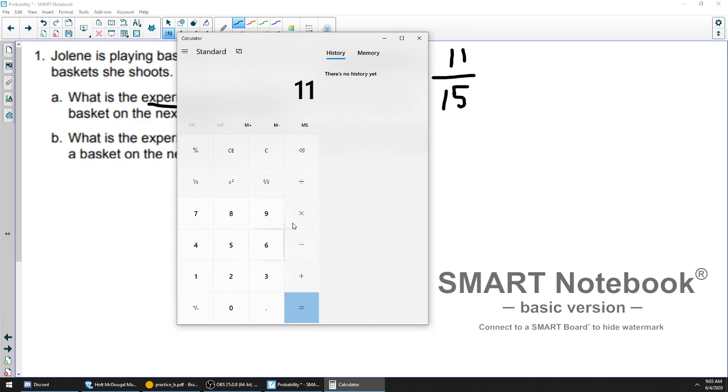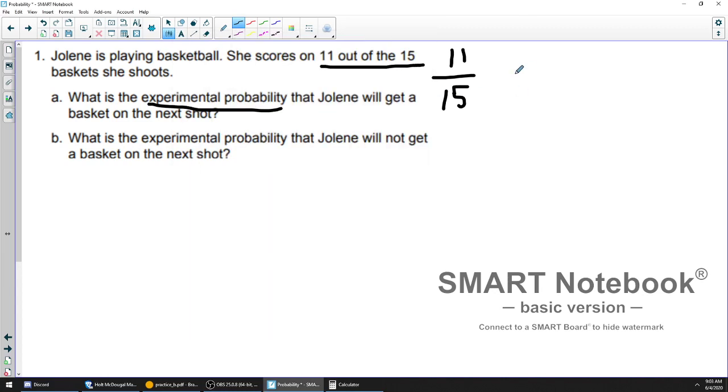If we were to turn it into a percent, it would be roughly 73.3%. Okay, so this is the experimental probability. When she shoots her next shot, she has a 73.3% chance of getting in.